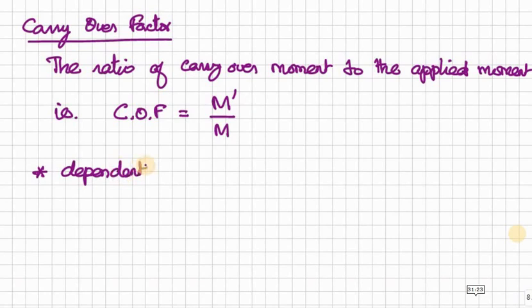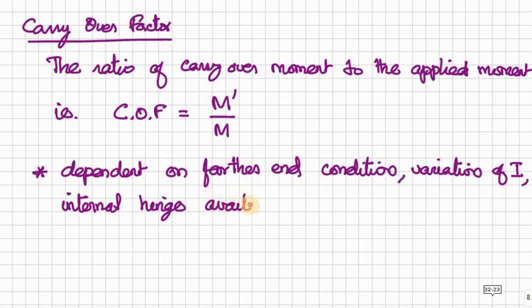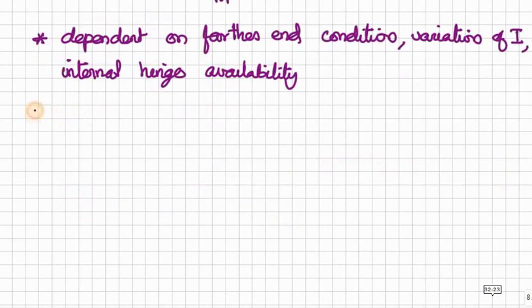This carry-over factor is dependent on far end condition, variation of I, internal hinge availability, and it takes a value either 0 or greater than 1 or less than 1.